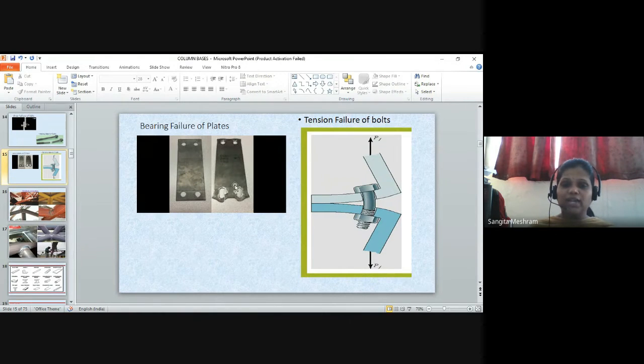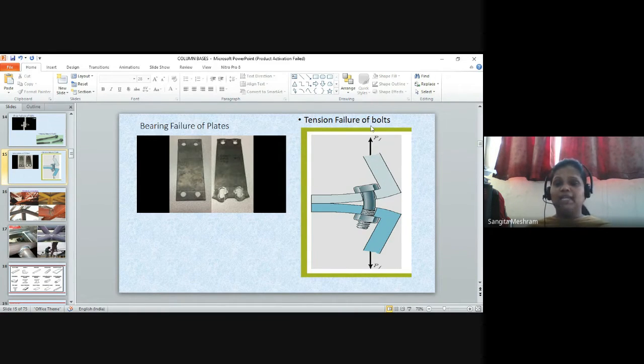Okay, so plate will have some deformations, so this is nothing but bearing failure of plates. Just see the figure. बोल्ट के केस में आपका बोल्ट will get crushed, so that failure is bearing failure of bolt. But in this case you can see in the figure, the plate will get crushed, so this is nothing but bearing failure of plates.